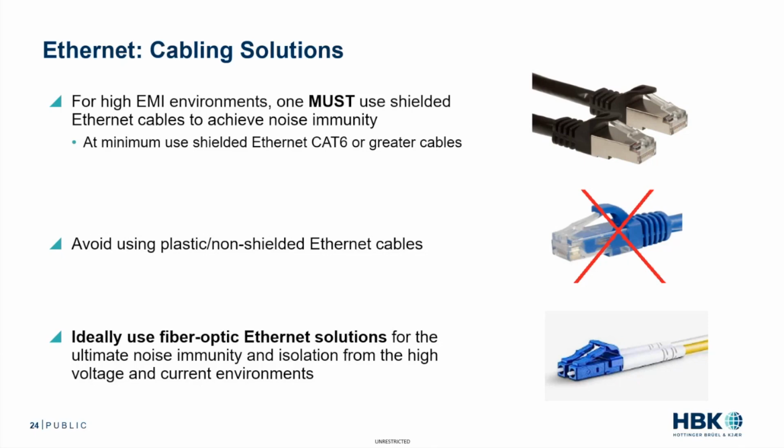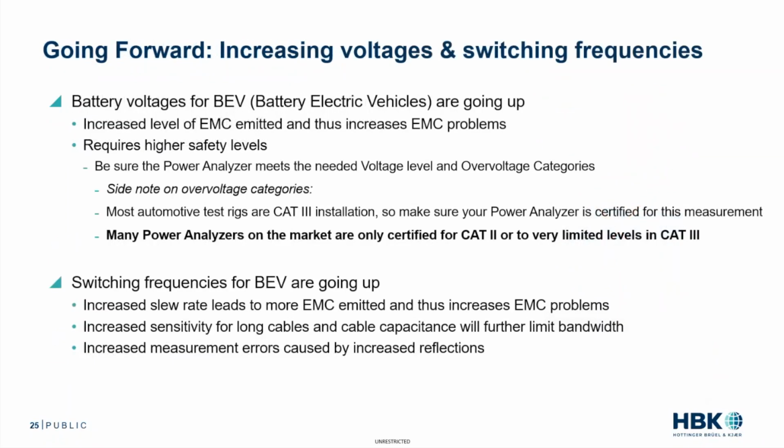So ideally, the connection that you want to ultimately consider is using a fiber optic Ethernet solution for the ultimate noise immunity, and you're going to gain isolation from the high voltage and current environments. So you'll be able to isolate the 2 points of that Ethernet cable through a fiber optic connection. All right, so let's go forward here.